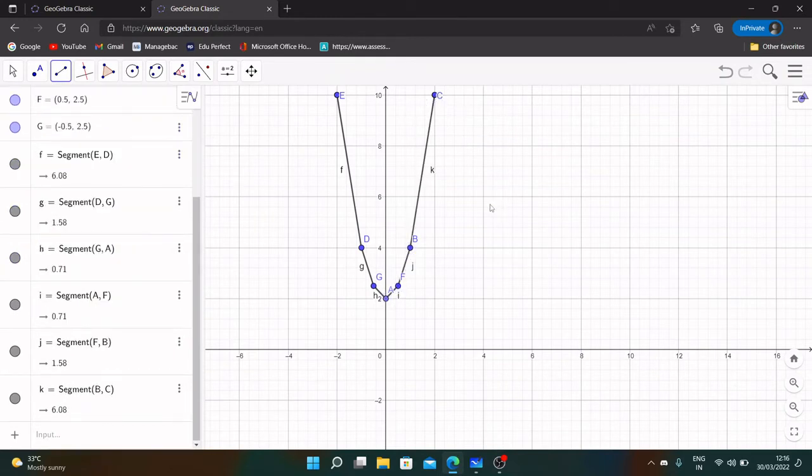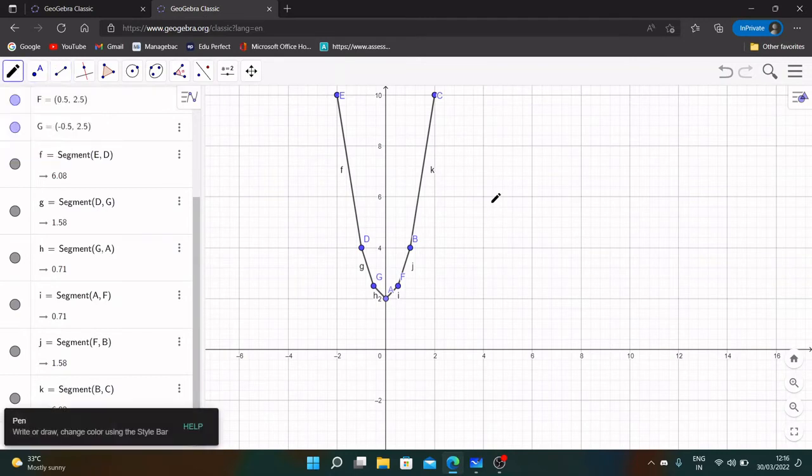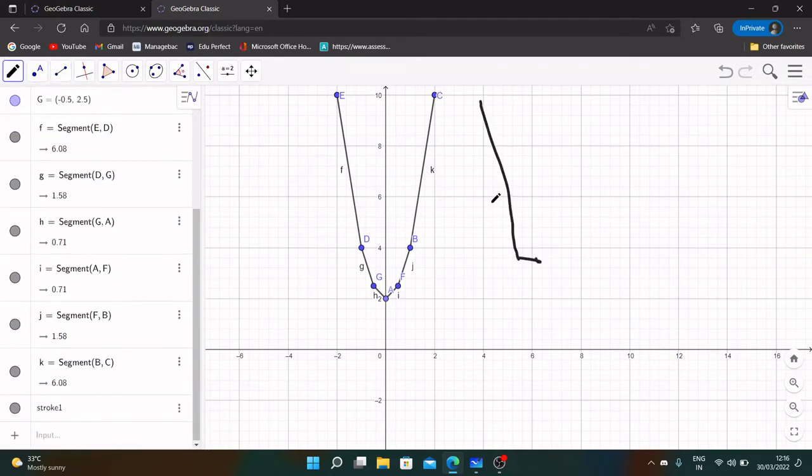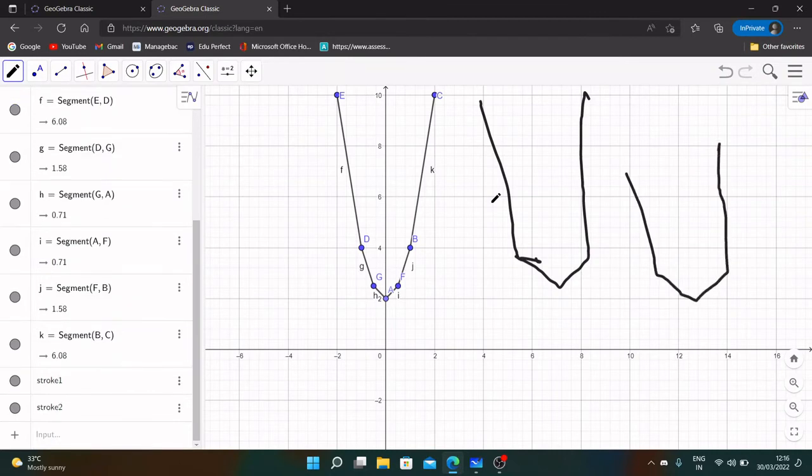you notice that the graph is more curved than the previous one, which looks somewhat like this. It looks somewhat like this, while this one looks somewhat like this.